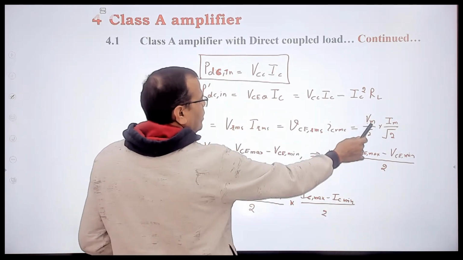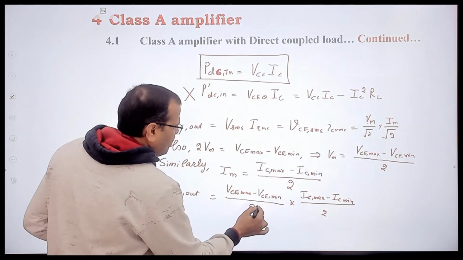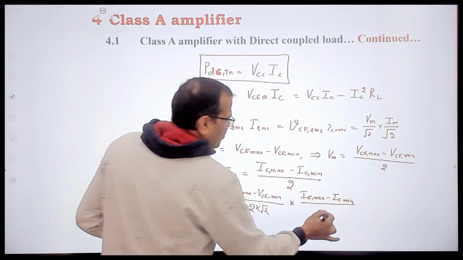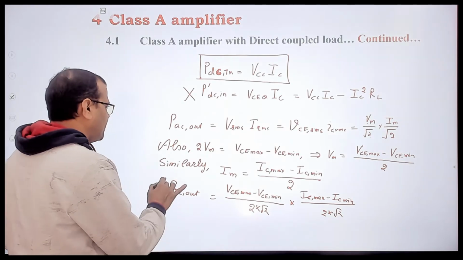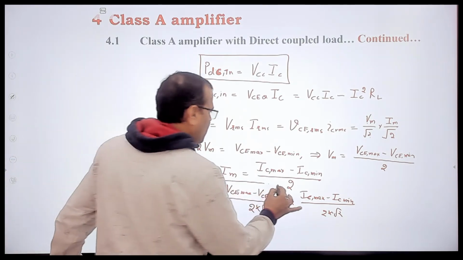You see it carefully, both are divided by root 2, so multiplied by root 2, multiplied by root 2, right? So this is the expression of the AC power output.